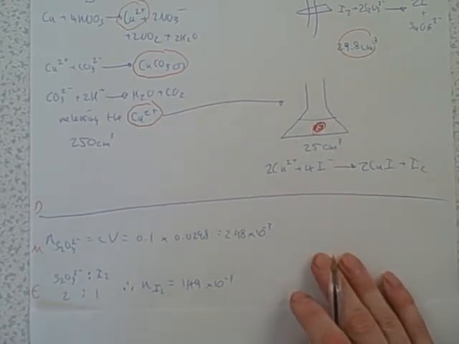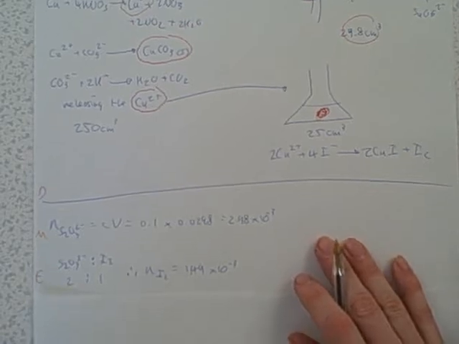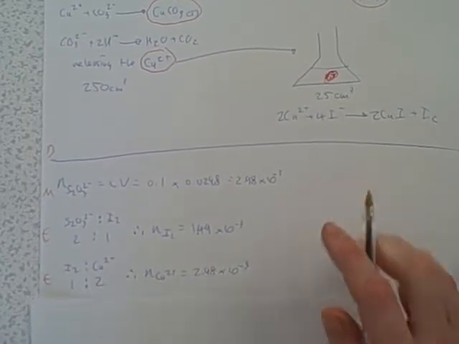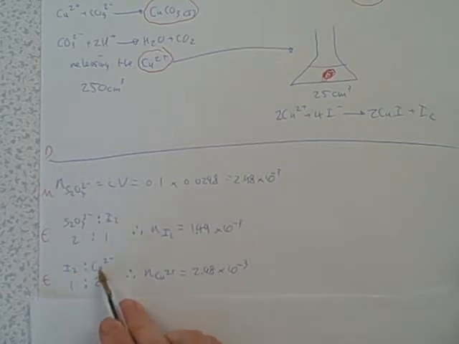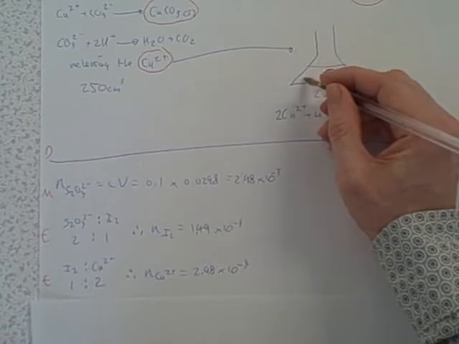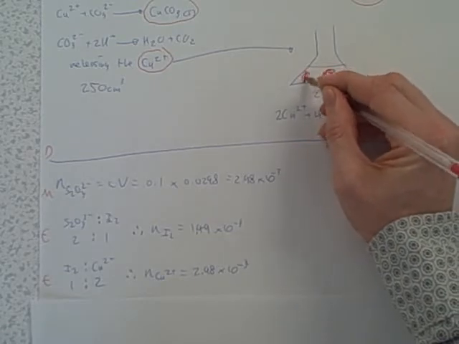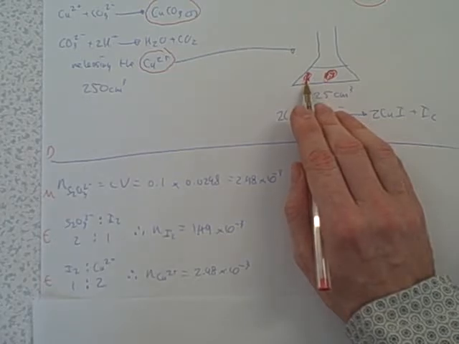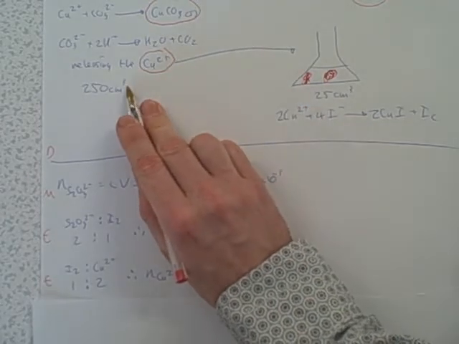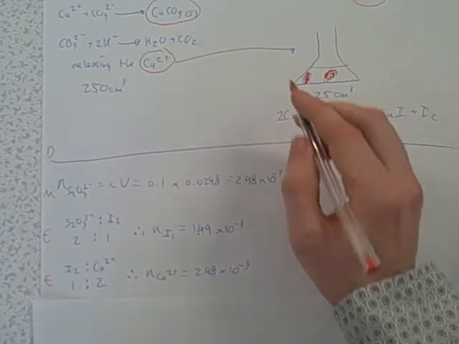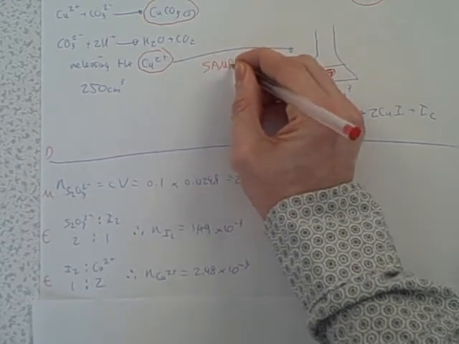We don't care about the iodine, we've been asked to find out about the copper, so we need to do our second equation step and convert the iodine to the copper. That will be using this equation here, and that will give us the moles of copper in here. But we don't care about the moles of copper in there, we care about the moles of copper in our original solution, and we went from 250 centimetres cubed to 25, so this was a sample.